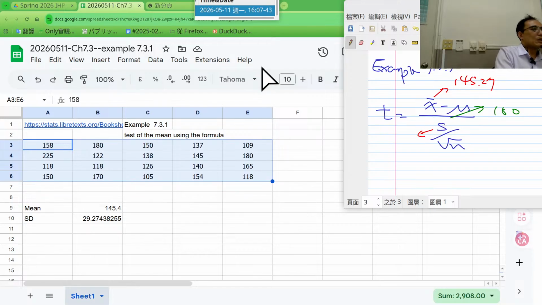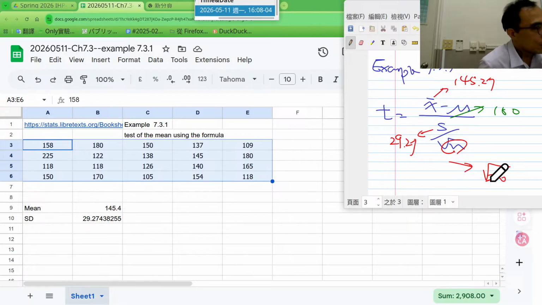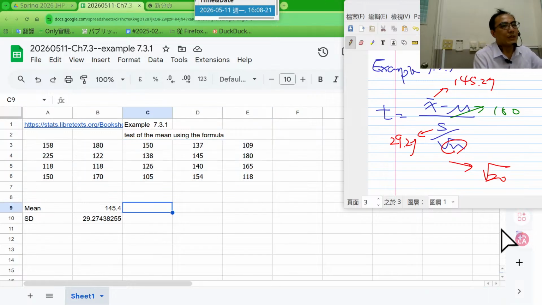Then the sample standard deviation, we got 29.27, and square root of n. What does n mean? The number of samples taken, that was 20. Thus, this part is square root of 20. And now I encourage you to use the spreadsheet to do this.